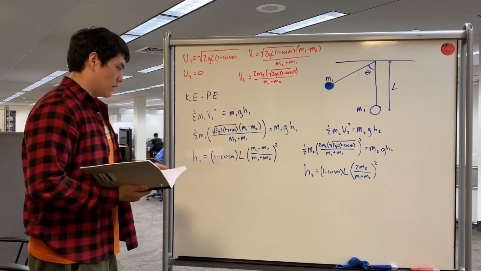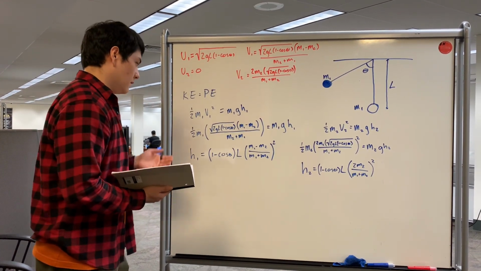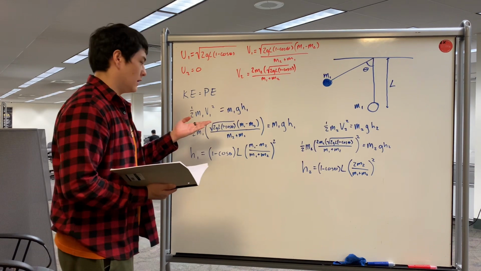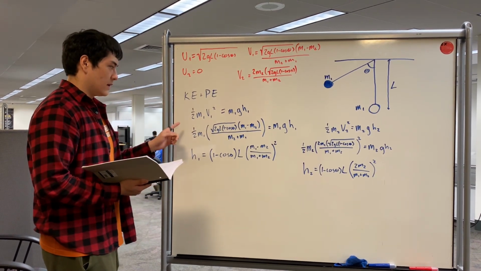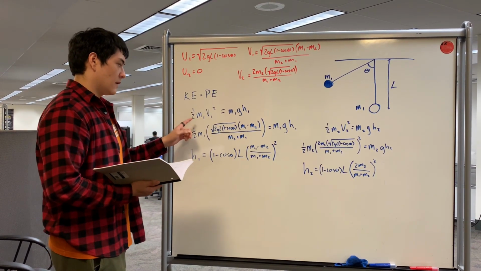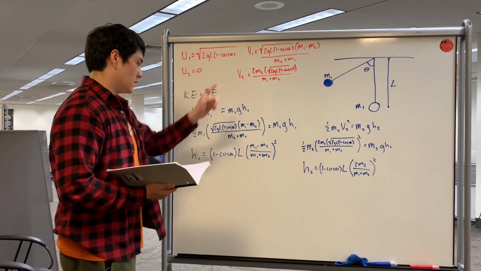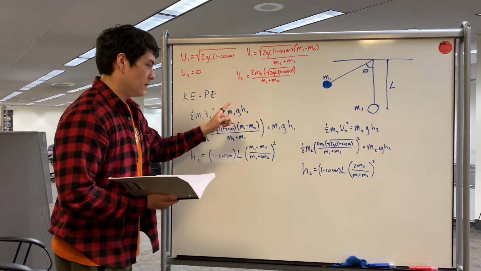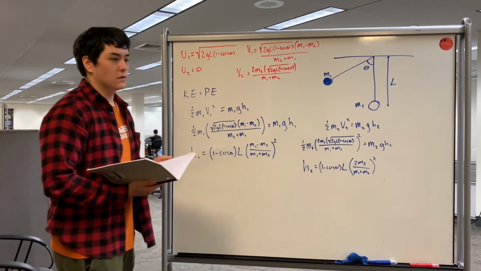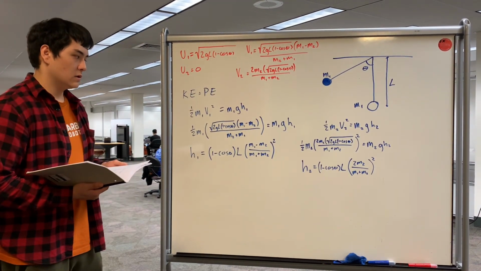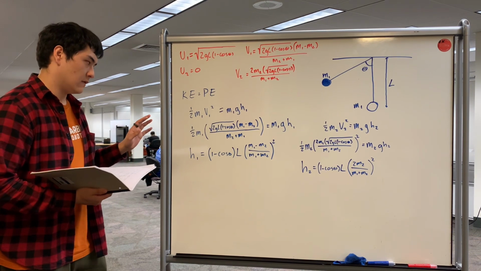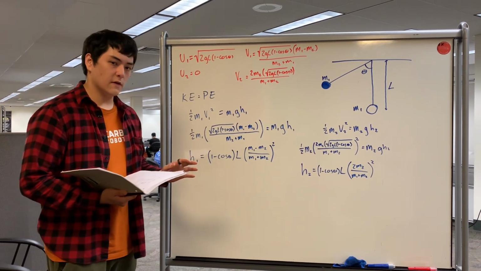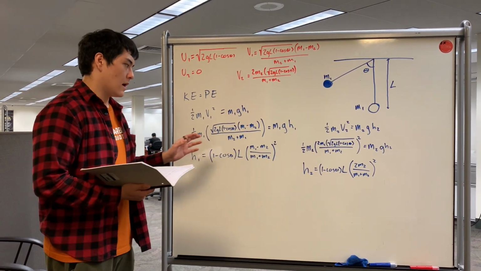To explain further what that means, we set up the equation for ball 1 here. We have the kinetic energy side, 1/2 mass 1 times V1, which we just figured out here, squared, equals M1 times gravity times H1, which represents the potential energy of the ball at a height H1.